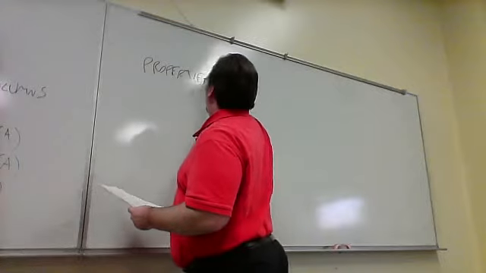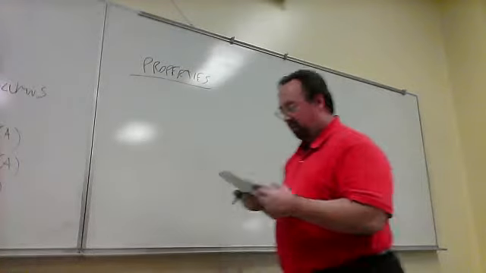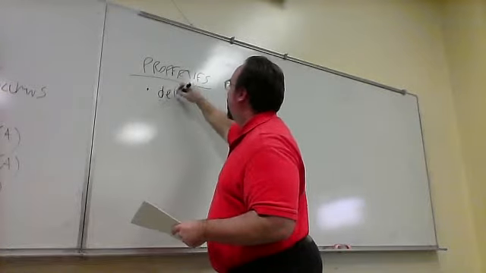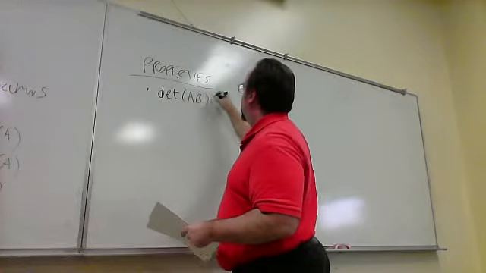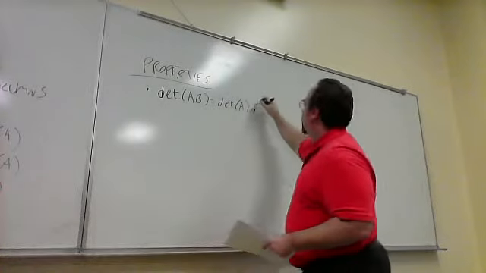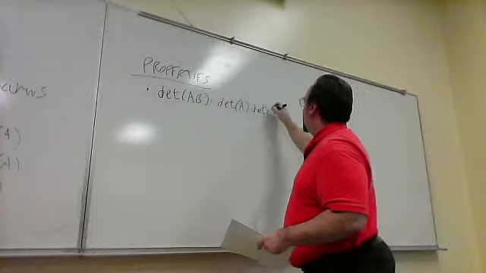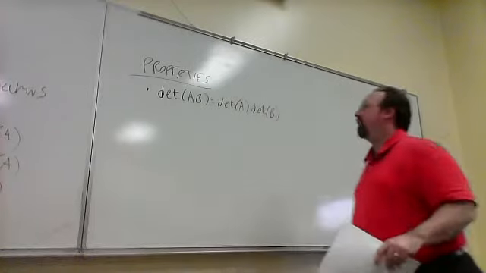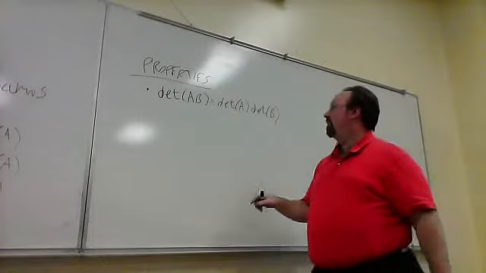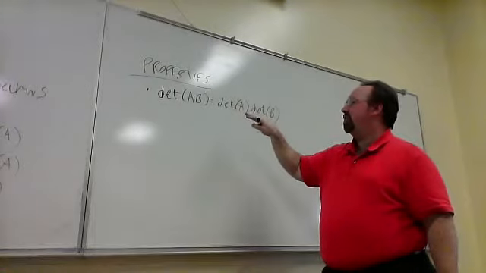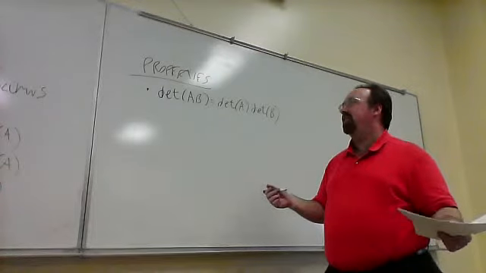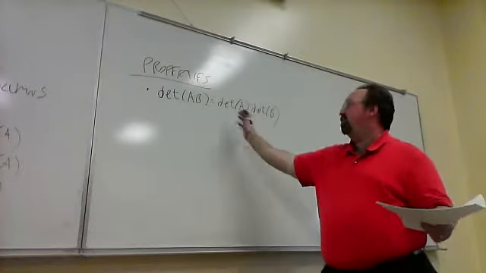Okay, so other properties that we can take advantage of. The determinant of a product is the product of the determinants. That will be useful to us to get a practical way of computing determinants when we're solving systems of equations, because we'll take our matrix and multiply it by some very simple matrix to perform a row operation, and that simple matrix we get a determinant of very easily.